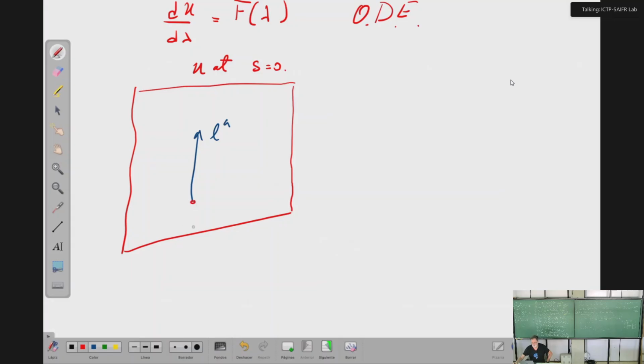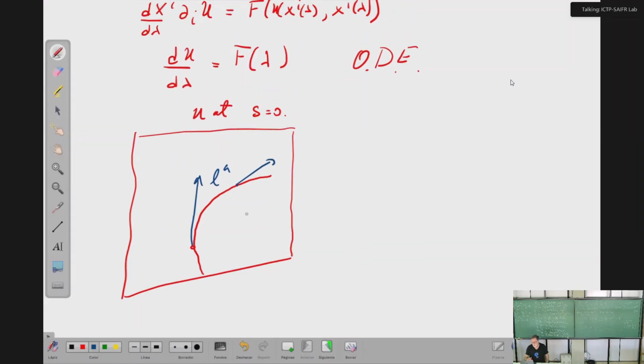And since it contains the vector, this vector is tangent here, so it will contain the integral curve. So if there is an integral curve here, the vector is in any place tangent, and this is contained in this plane, so this line will be contained in this characteristic. Of course, the characteristic, if you move from point to point, can change, right? Can do anything. But you will have to keep the vector tangent to it.